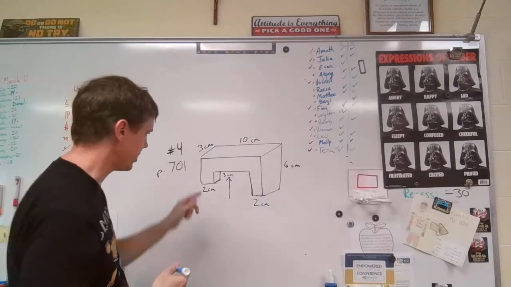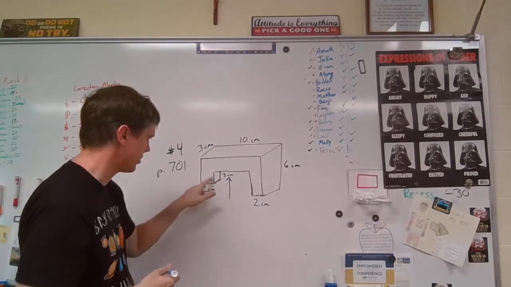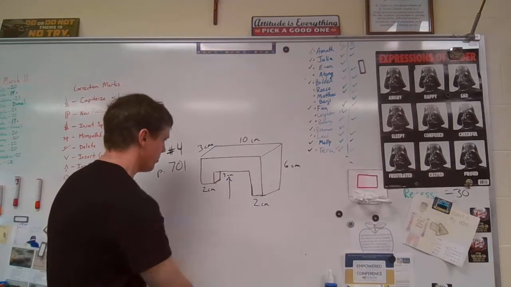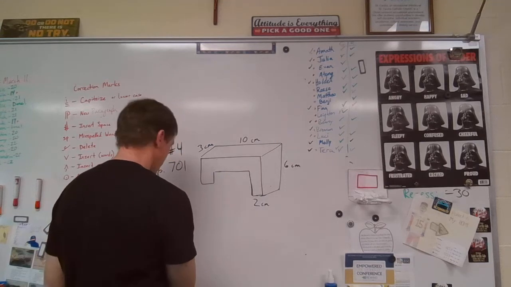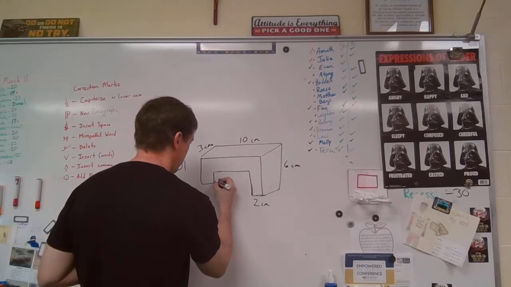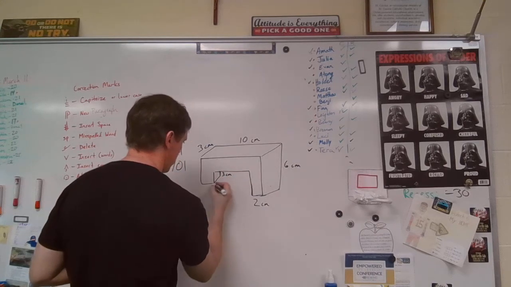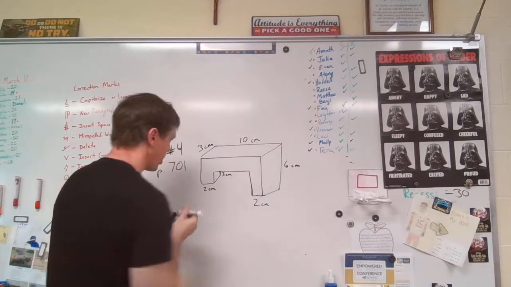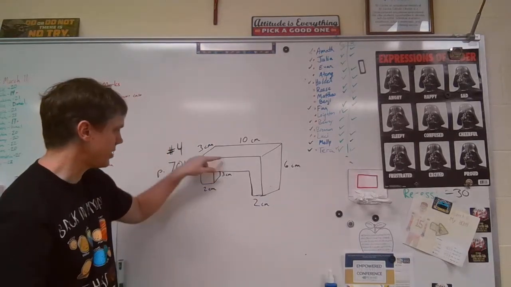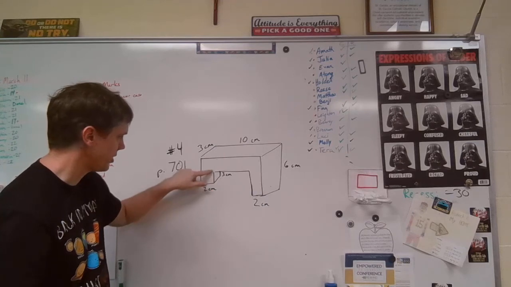Okay, and it's kind of hard to see it because on my picture it almost looks like these distances are about the same. They did a better job on theirs of making it clear. So it's like that. Okay. 2 centimeters here. Okay. So this 3 extends up. Basically, this 3 is this distance here.